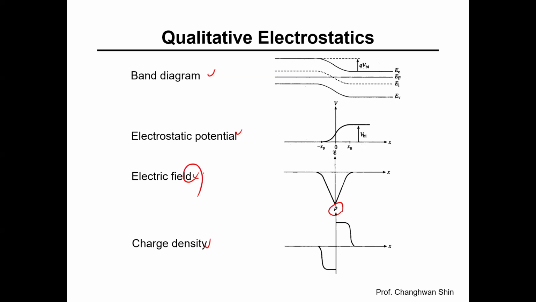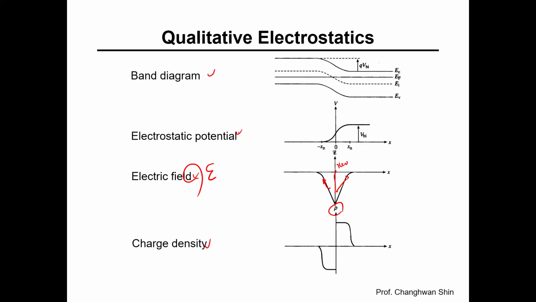Moving up to the electric field, denoted as E. This charge separation creates an electric field pointing from positive charge towards negative charge, from the n side to the p side. The field is the strongest at the junction here at x equals 0 and diminishes as we move away in either direction.